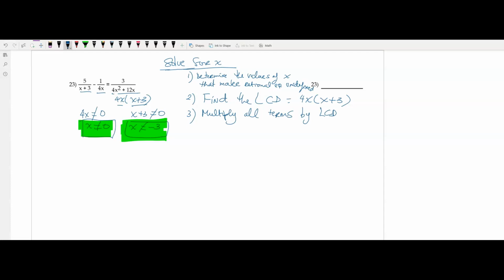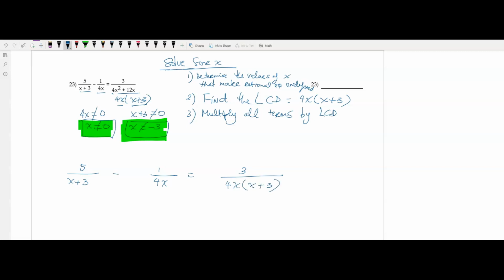It's going to be 5 over x plus 3 minus 1 over 4x equal to 3 over, I'm going to put the 4x squared plus 12x in factored form, 4x times x plus 3.